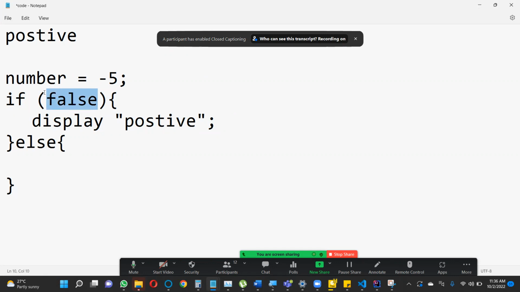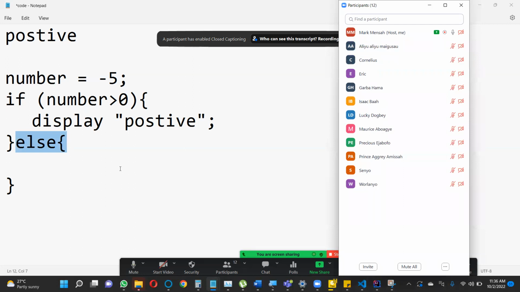So in our example, if number is greater than 0, you are coming here. But if number is not greater than 0, then the alternative kicks into gear. And with the alternative, we get to display what? Negative.